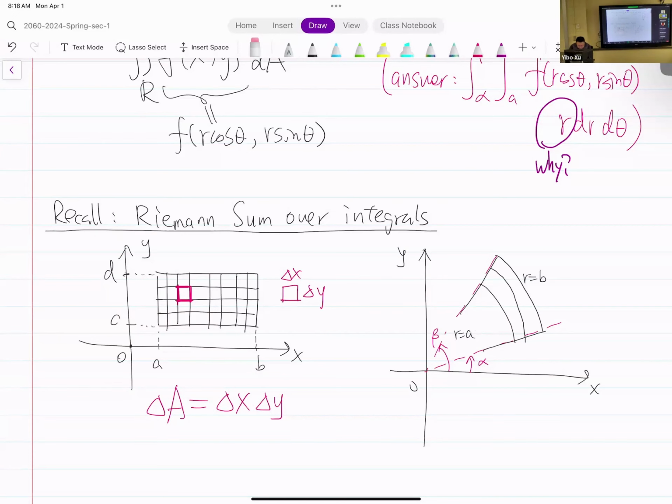Then we have this ray going through the origin, and this ray going through the origin. Now you can see that each subdivision is also a circular section. The two sides here are along two different rays, but these are the curves that are circular.